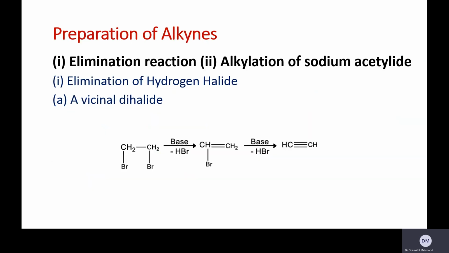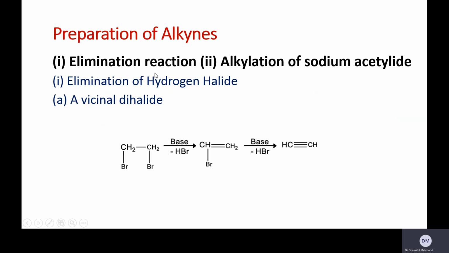Then we move to the preparation methods of the alkynes. There are various methods for the preparation of alkynes: one, elimination reaction, and secondly, alkylation of sodium acetylide. But in this book, only elimination reactions are given. Elimination means removal.